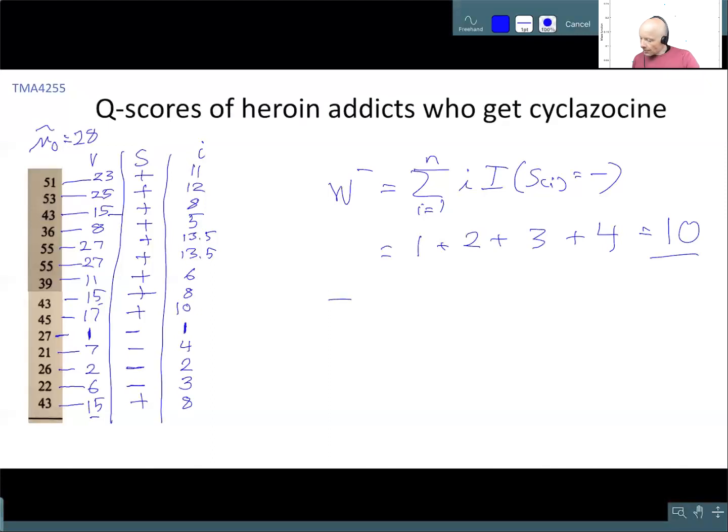And I know that the sum over I from 1 to 14 is 14 times 15 divided by 2, which is 105. So that means that W plus must be 105 minus 10, which is 95.